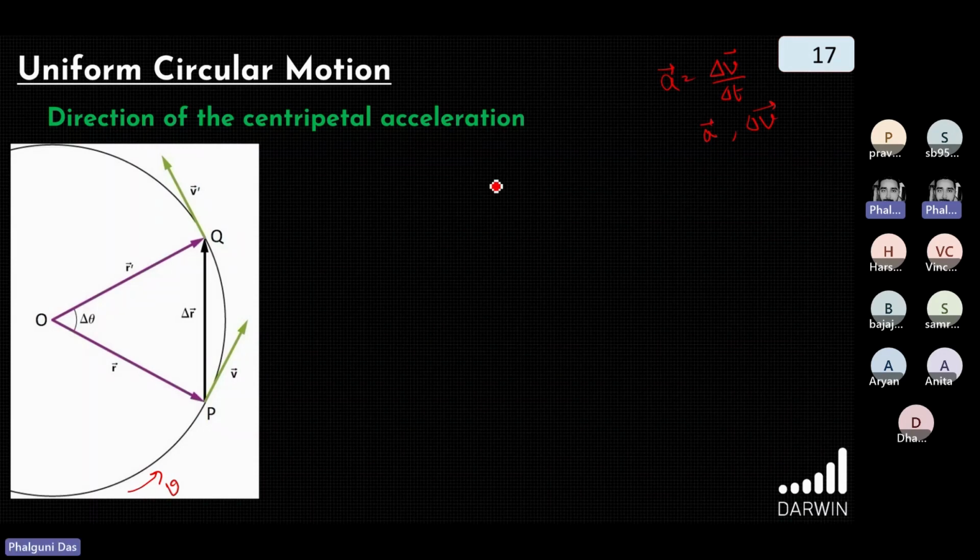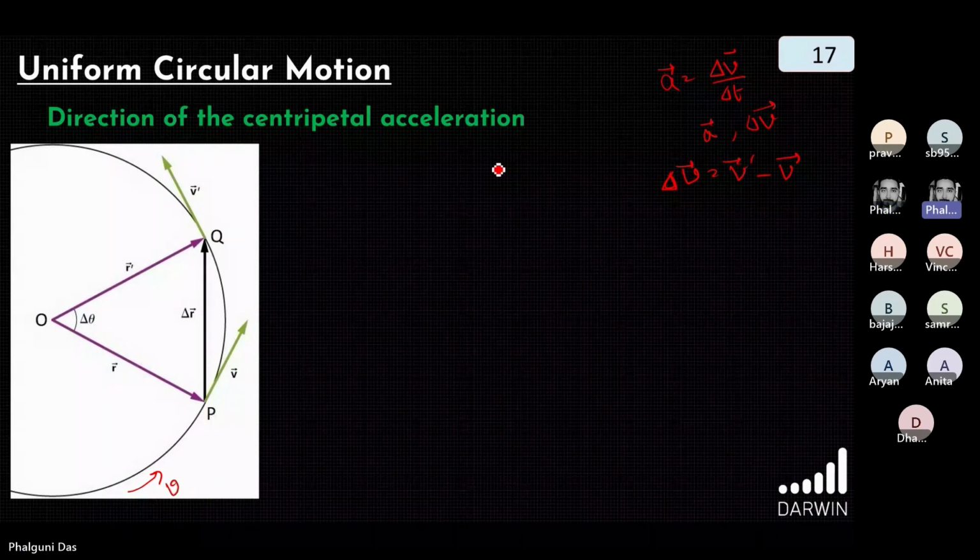As for the rest, it is a fact that acceleration always points in the direction of the change in velocity. Now delta v means the change in velocity, and delta v is always final velocity, v prime, minus the initial velocity v. So the direction along which delta v points, the average acceleration also points, right?